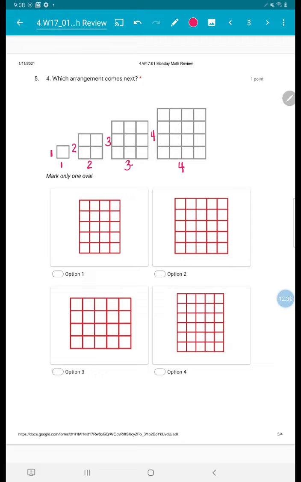Of course, it would be 5 rows and 5 columns. So I need to find the one that has 5 going across and 5 going down. And the correct answer is option 2. There's 1, 2, 3, 4, 5 rows and 1, 2, 3, 4, 5 columns. Option 2 is your correct answer.